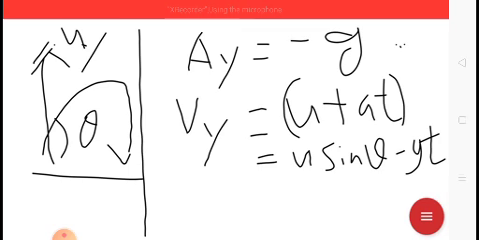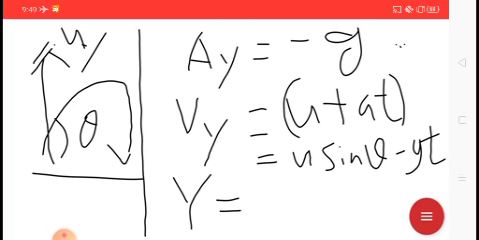So how about the height that you want to find? If you want to find y, I mean the height that the item travels, what formula do you need to use? Same thing, you can use ut plus half at squared.